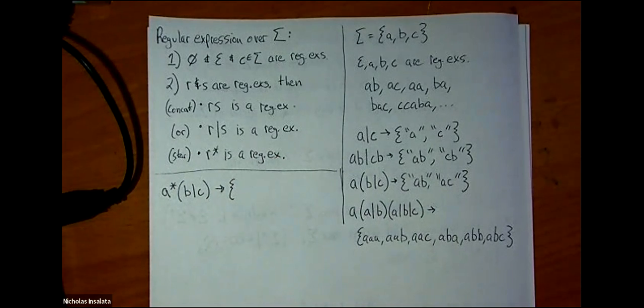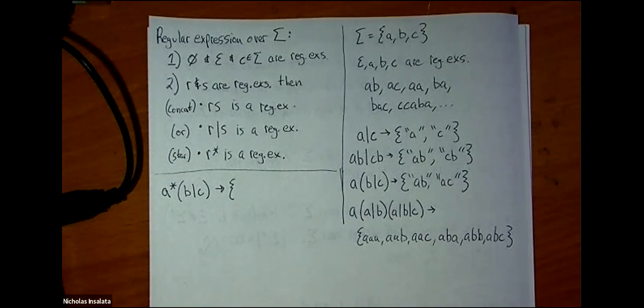So remember, star could be any number of A's, right? So what's the smallest number of A's you could have? Zero. Okay.